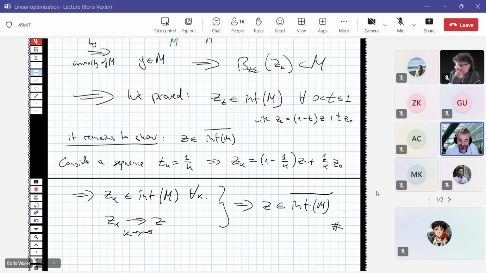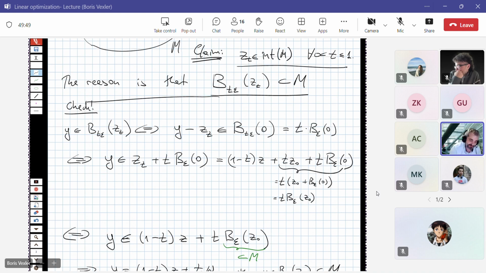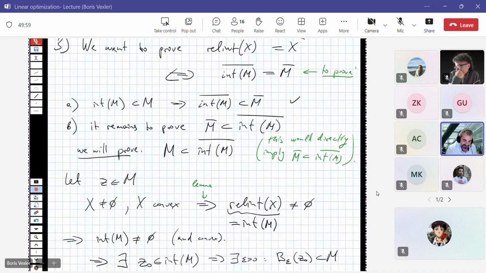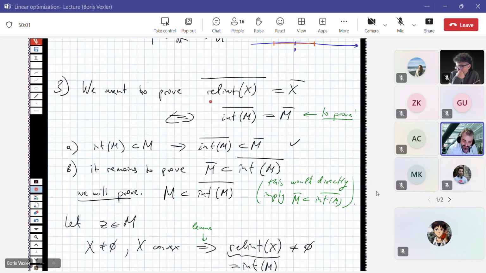We proved that every element Z of M is actually an element of the closure of the interior of M. And with this, we proved what we wanted to prove, that the closure of the relative interior is the same as the closure of X itself. Clear?